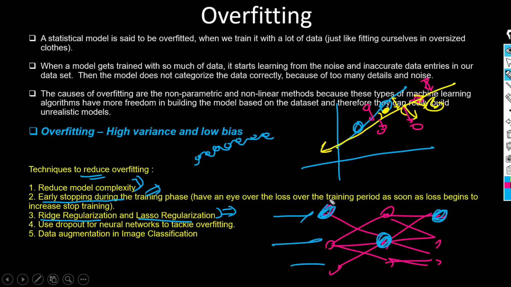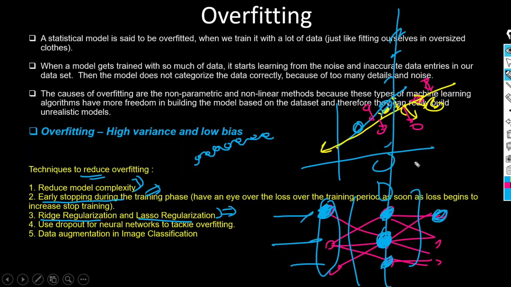So this is the initial stage. Here we don't remove, but in the middle stage we try to remove some random neurons. I have 100 neurons in this particular stage. Out of 100 I remove 20 neurons, so that we can minimize the memorizing. So this is what we use in dropout in the neural network.